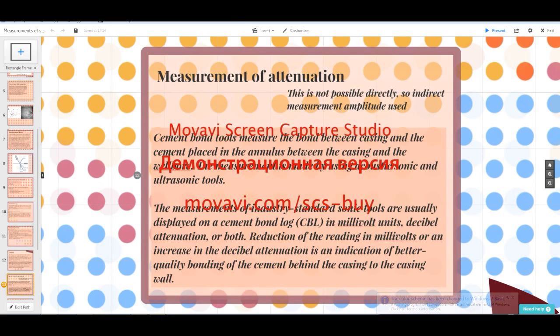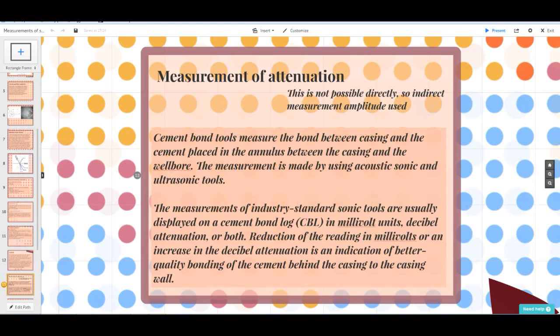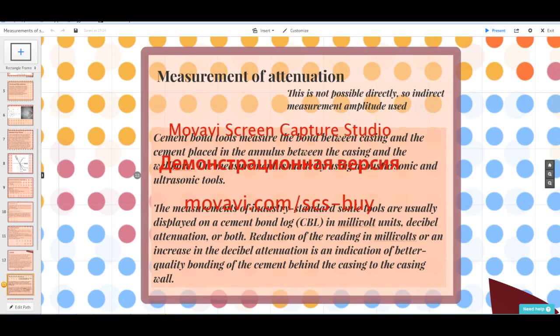So, here is measurement of attenuation. Commonly, this is not possible directly, so indirect amplitude measurement is used. We call it cement bond tools. They measure the bond between casing and the cement placed in the annulus between the casing and the wellbore. The measurement is made by using acoustic sonic and ultrasonic tools.